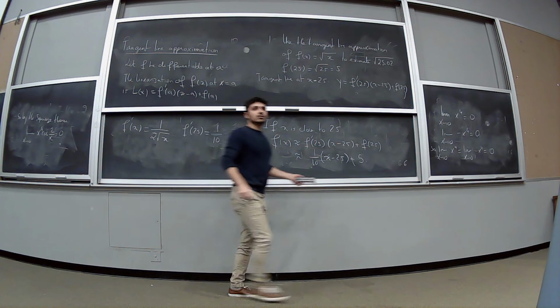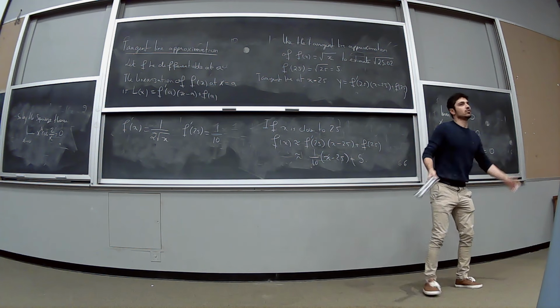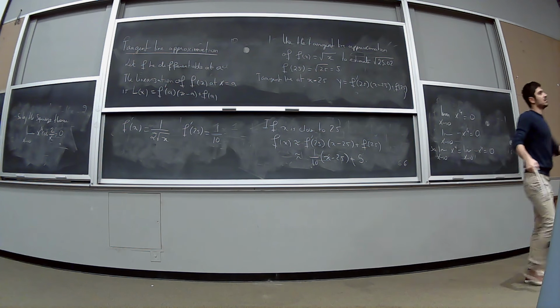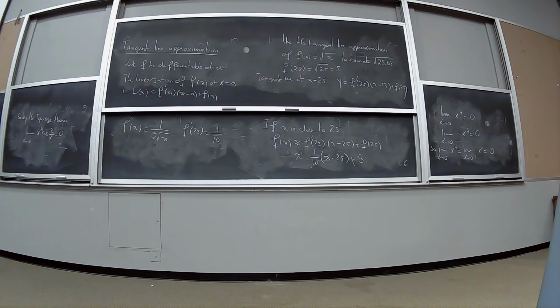Great. Now, this is why I prefer to keep it in this form. This is why I like to start with the tangent line, f prime of a times x minus a plus f of a. Now, what is the value of x I'm looking for? What am I approximating here?